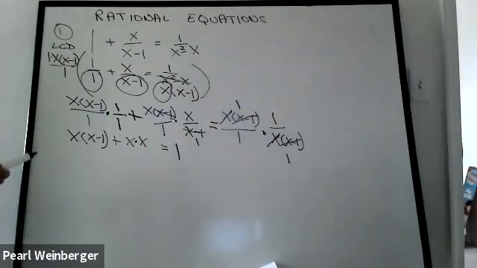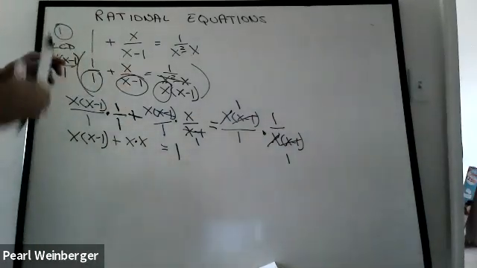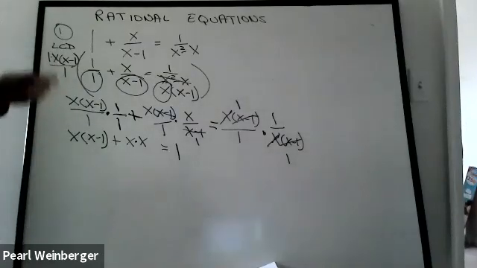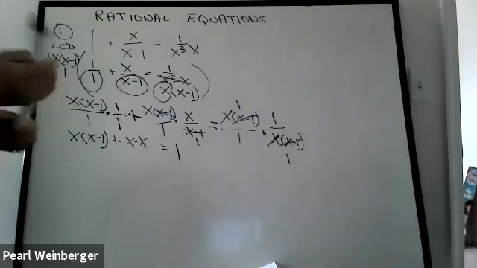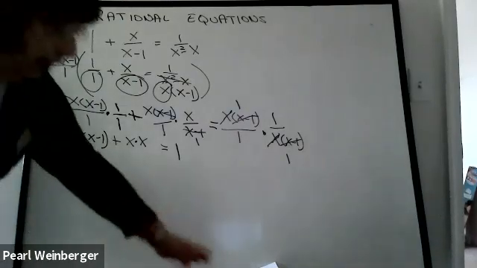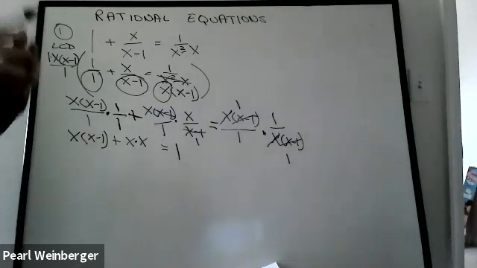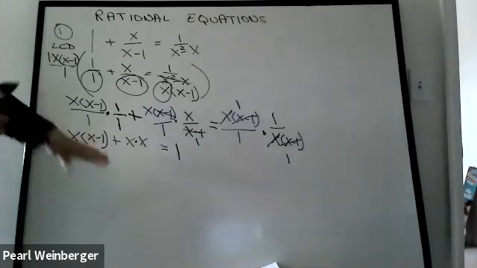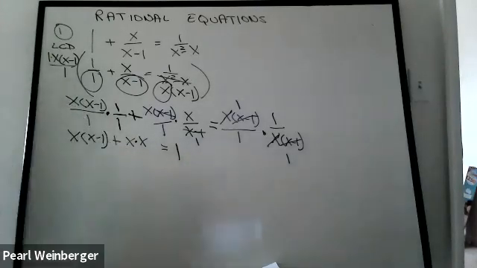The point of this is that by multiplying by the least common denominator, we saw it before when we had least common denominators that were just numbers. Anytime you multiply an equation by the LCD of the whole equation, you end up with an equation that doesn't have any fractions.